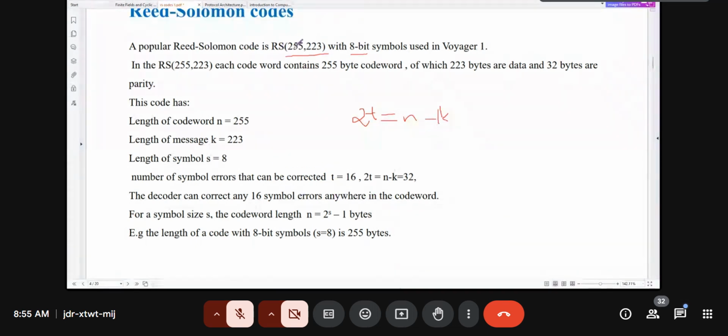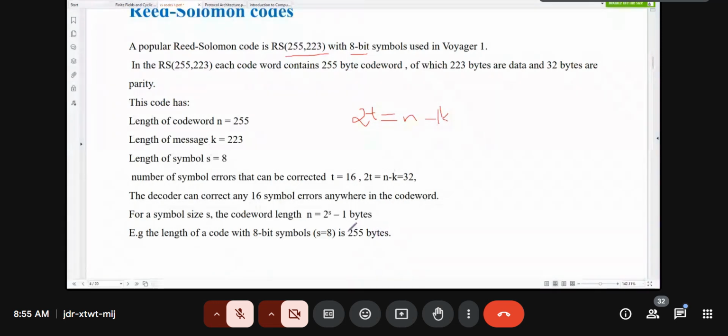Because of this s, we have to use n equal to 255. So the length of a code with 8-bit symbols is that.